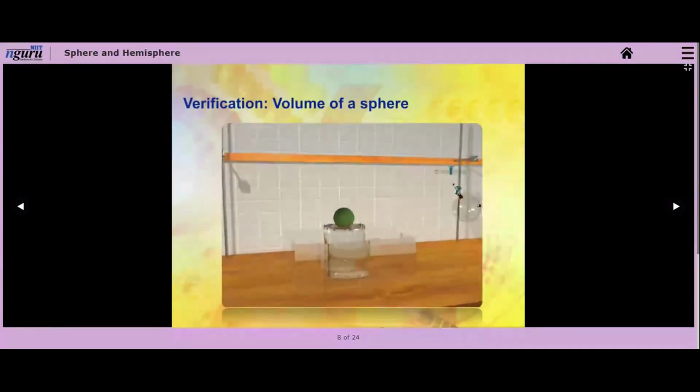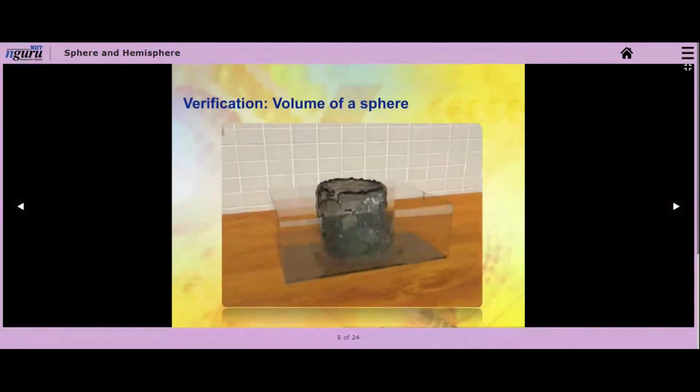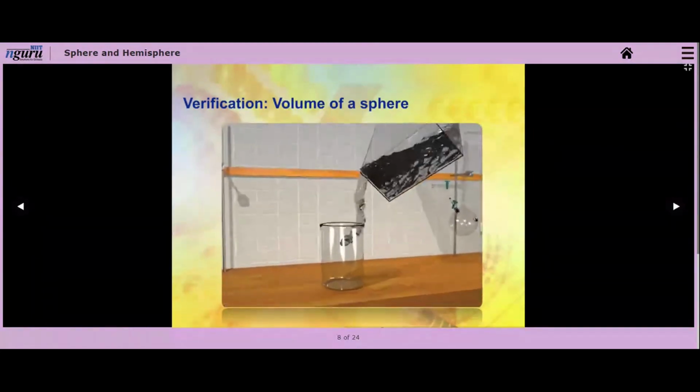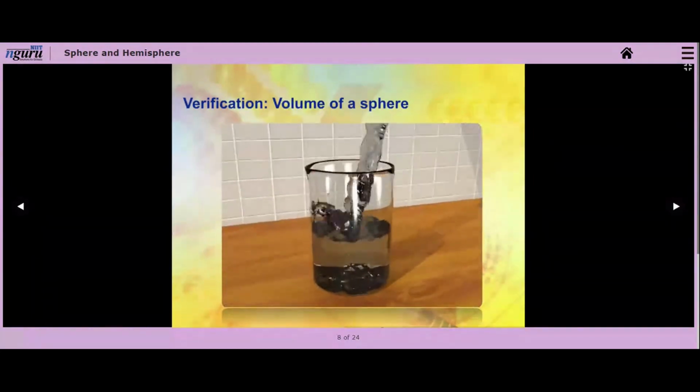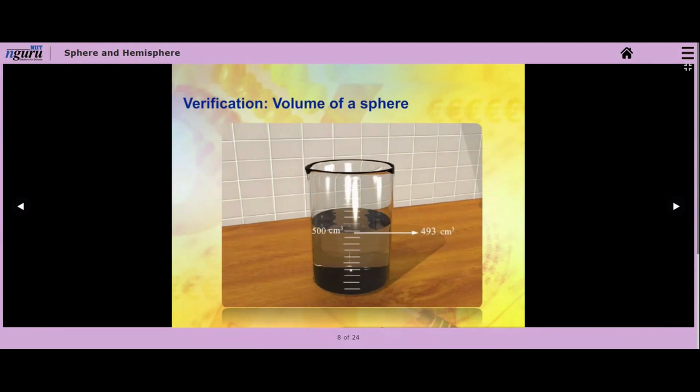Place the sphere in the cylinder. Observe that some of the water spills over. Collect this spilled water in a measuring jar. Notice that the volume of the water displaced by the sphere is approximately equal to 493 cubic centimeters, which is equal to the volume of the sphere.